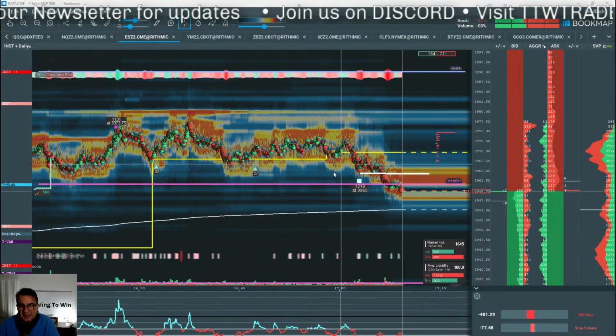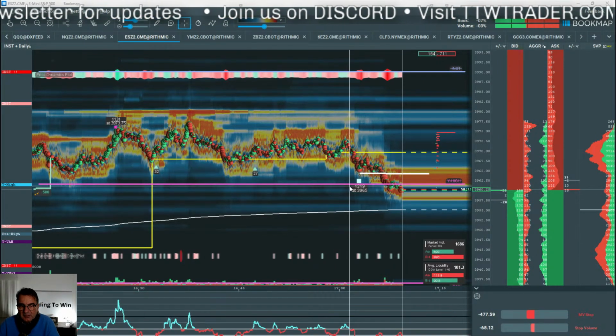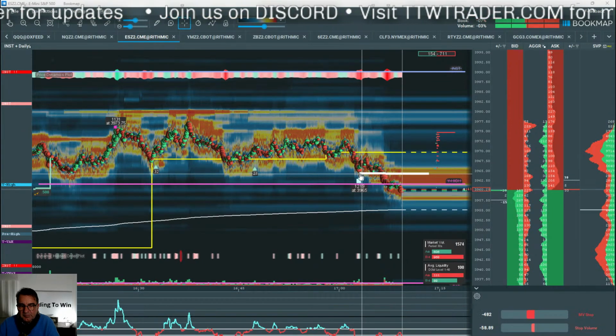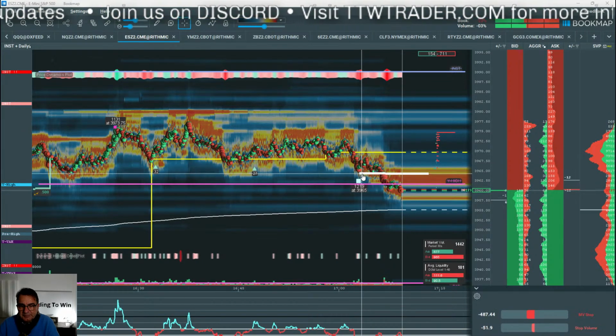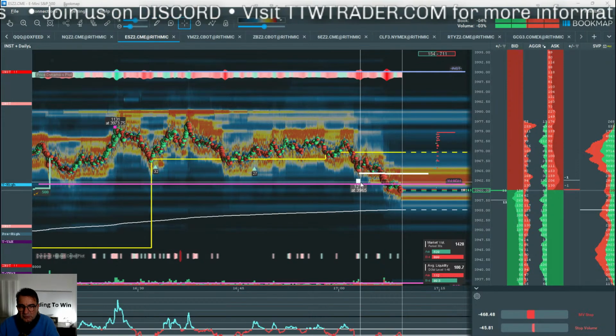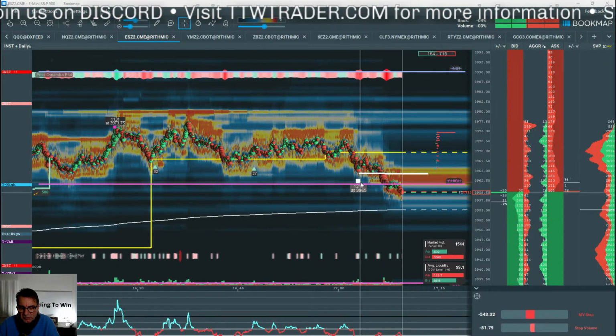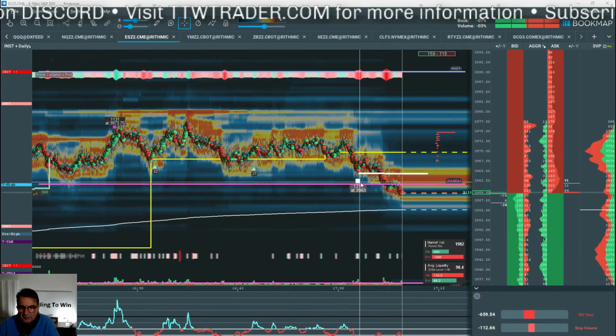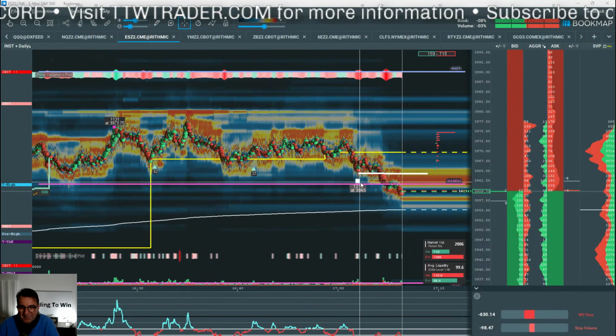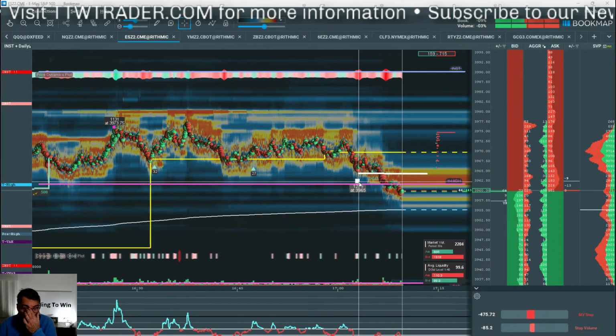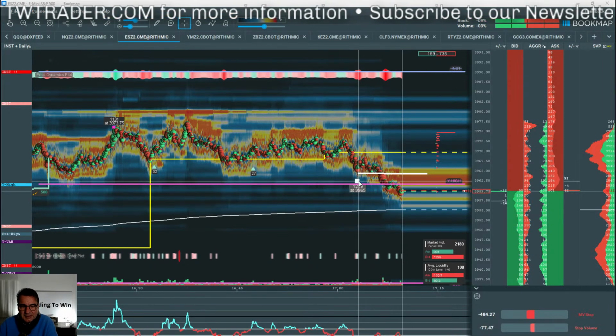So why did I draw a white line here? That was where market volume stopped.